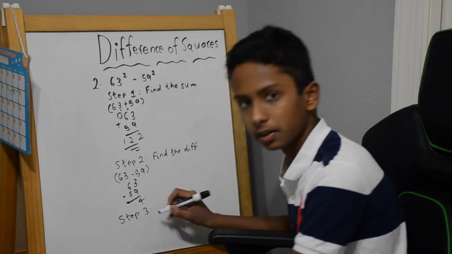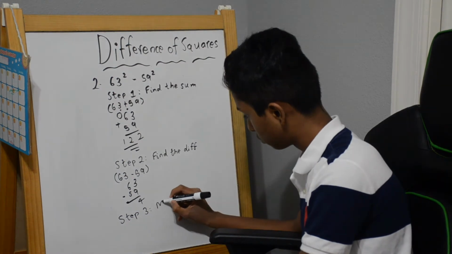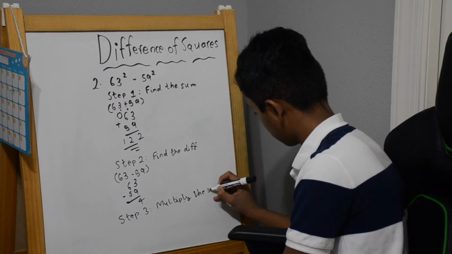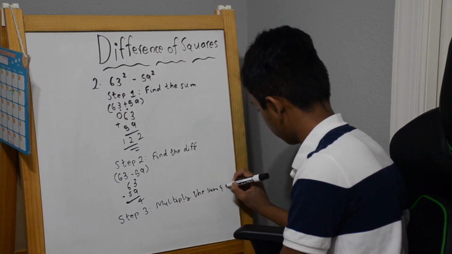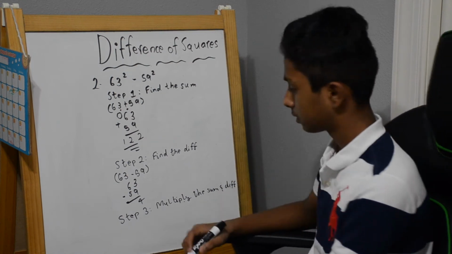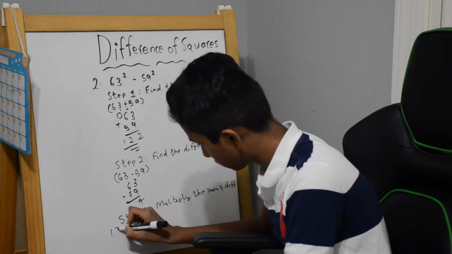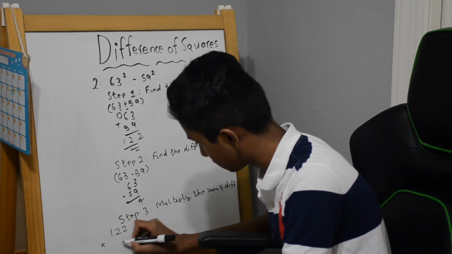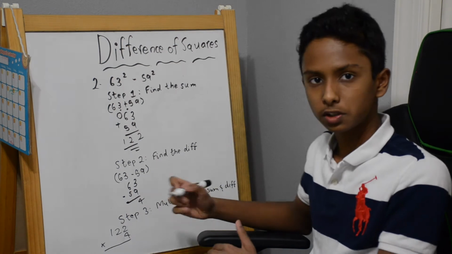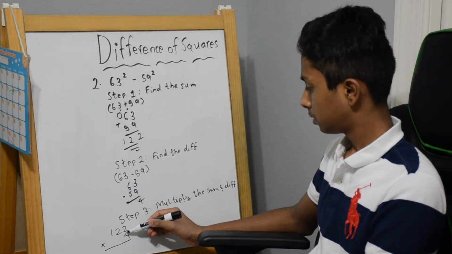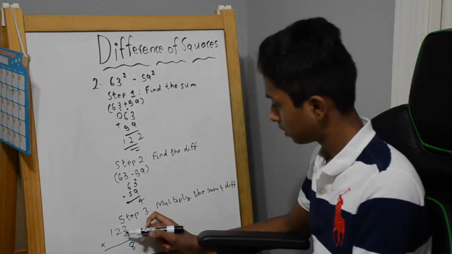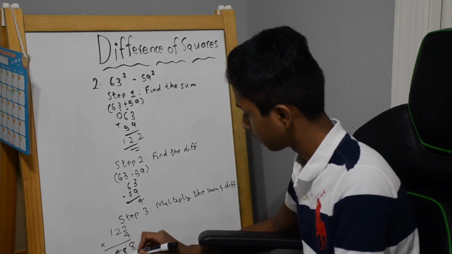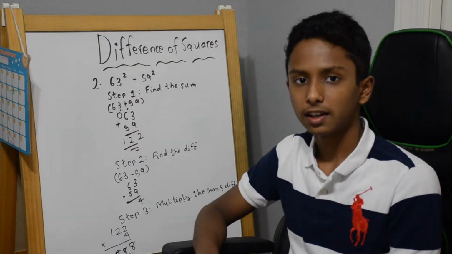Step 3 is to multiply the sum and difference. So that is 122 times 4. 2 times 4 is 8. 2 times 4 is 8. 4 times 1 is 4. So the final answer is 488.